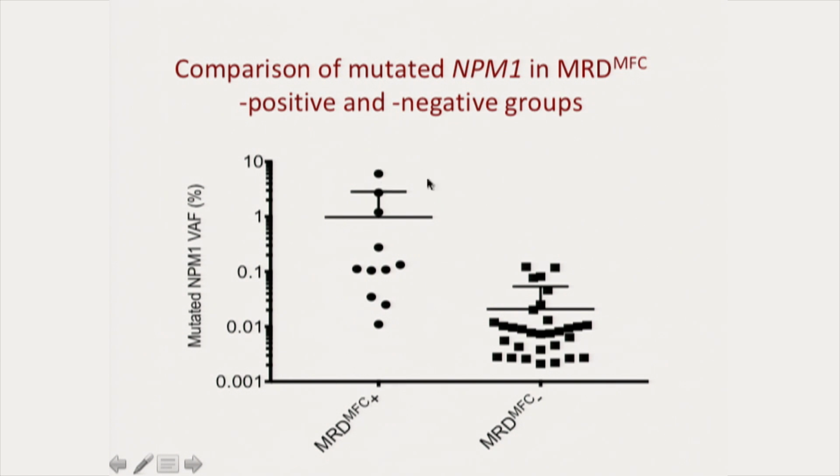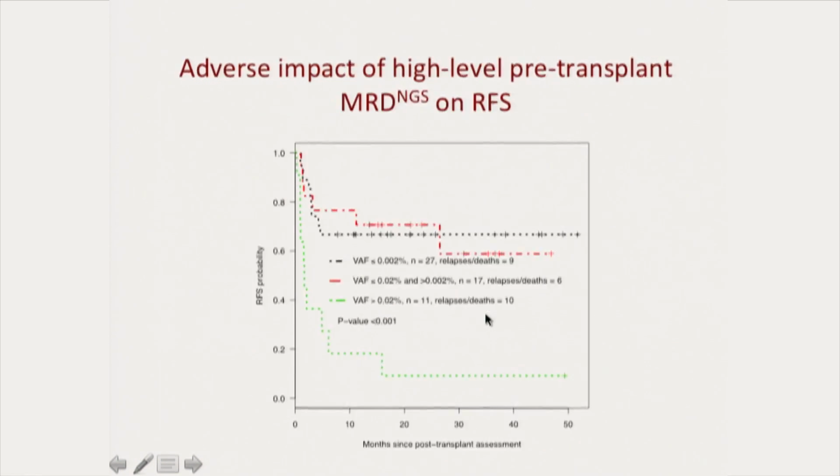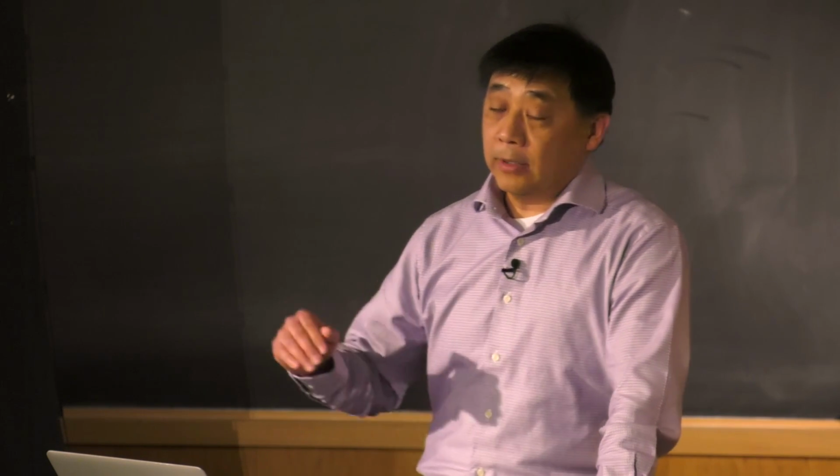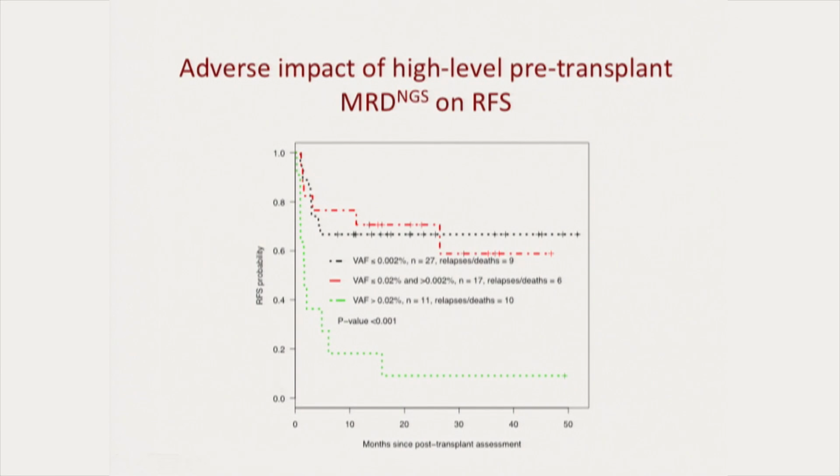Comparing the NGS or the VAF level in the flow positive group versus the flow negative group, we can see there is statistically a higher mutation level detected if flow is positive, but those two groups have overlap. If we just look at the MRD detected by NGS, regardless of flow cytometry data, we can identify this high-risk group if we apply a cutoff at 0.02%.